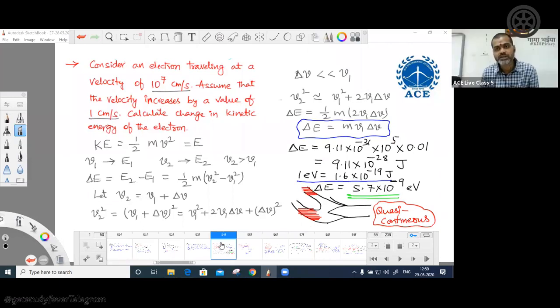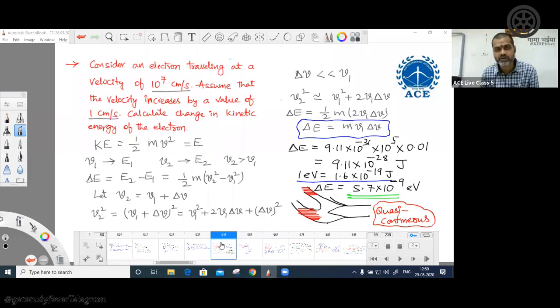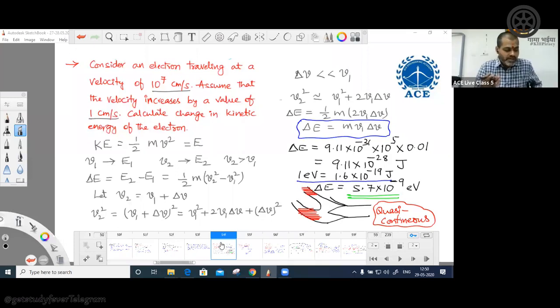How are you representing your kinetic energy? In terms of electron volts, that's what I have done. But you are comparing it with the 1 eV value, sir. I didn't understand why you are comparing. The measure that you are taking for electron energy is what?